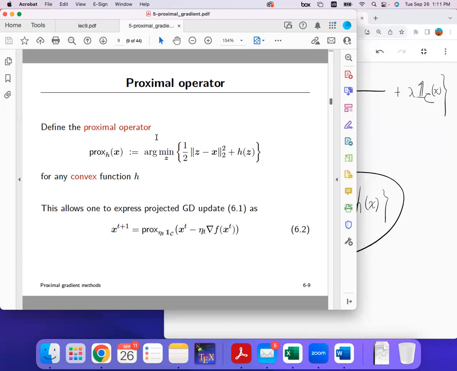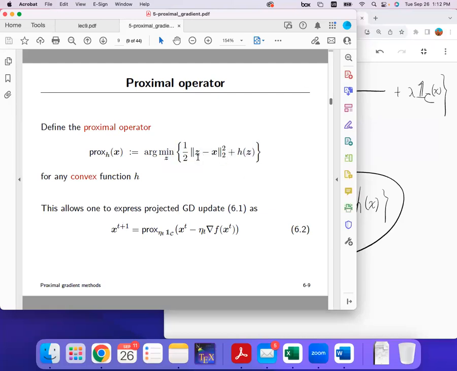Now let's look at this optimization problem. Now x is given. x is the input of this operator. And we are looking for a z that minimizes the distance to x plus h(z). So this is like a strongly convex optimization problem. This optimization problem is over z, but x is given.